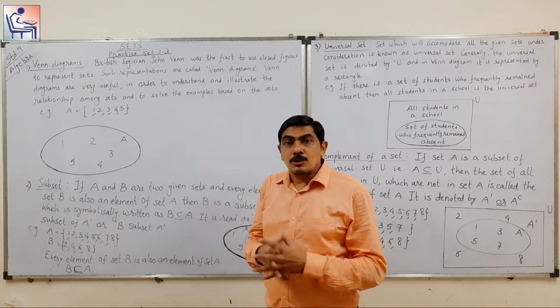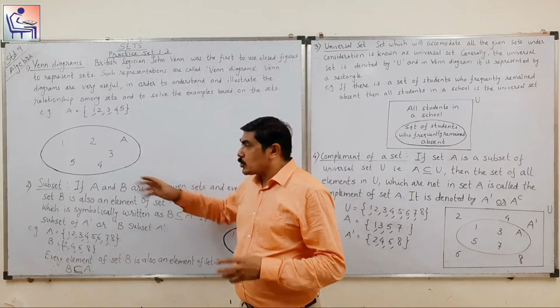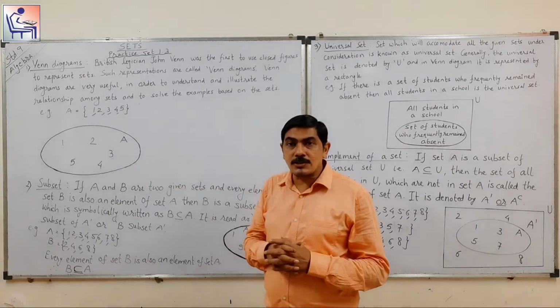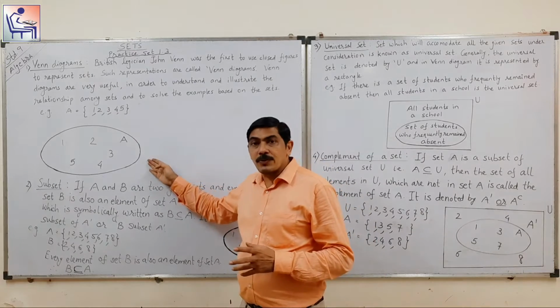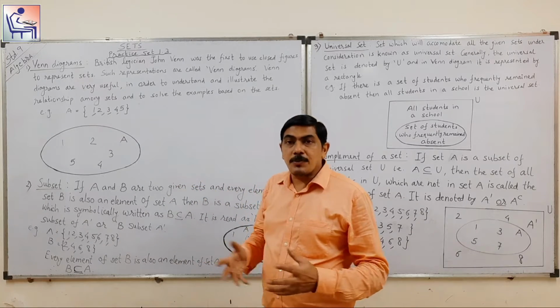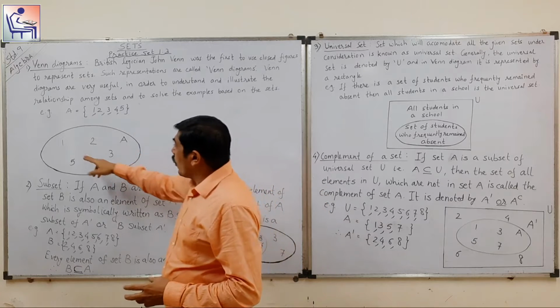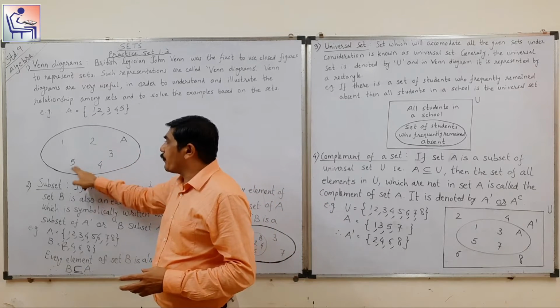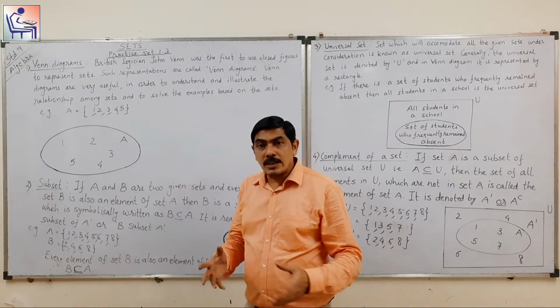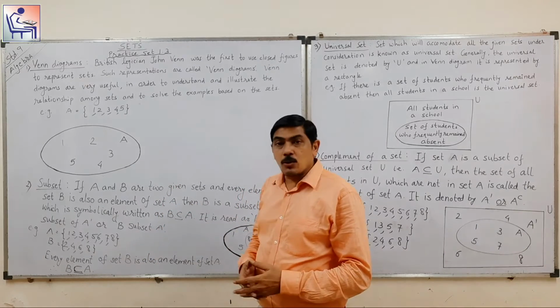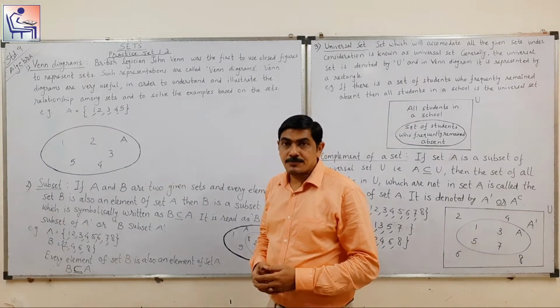How will we show it in a Venn diagram? Any closed figure you can utilize. Here we have used a closed figure like an oval shape. In that the name of the set A is given and all the elements 1, 2, 3, 4, 5 we have written here.